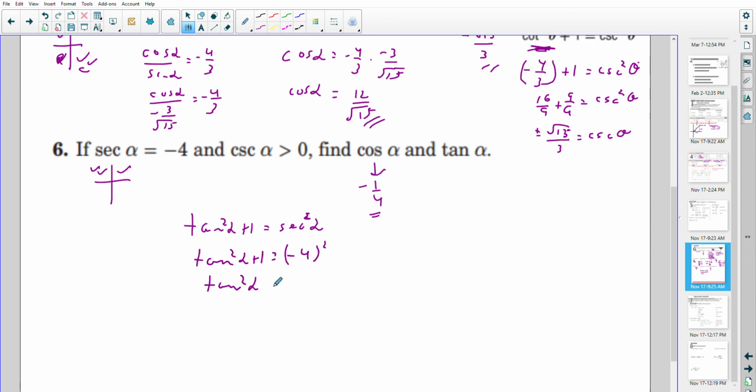Tangent squared alpha equals 16 minus 1, or 15. Tangent alpha is equal to positive or negative square root of 15. Now I look and see what quadrant. So I know that the tangent is going to be negative. Tangent alpha equals a -√15. A lot of subtleties on these problems, a lot of margin for error. So be careful all the way through the problem.